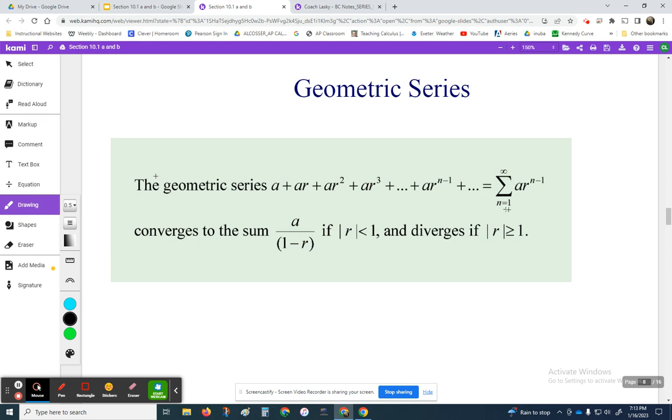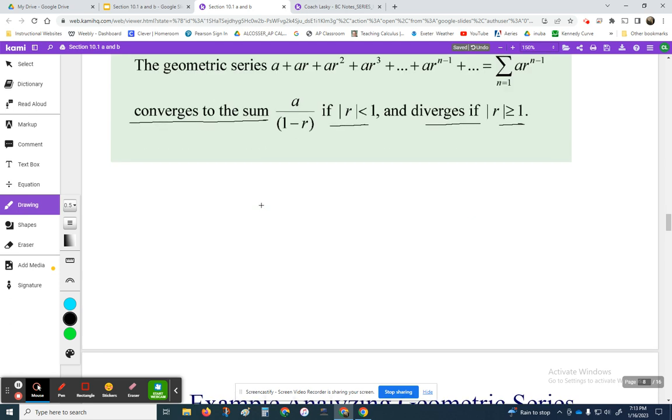We've got the summation, or the series, from n equals 1 to infinity of a times the ratio r to the n minus 1. And so it converges to this sum if r is less than 1, and it diverges if r is greater than 1. Okay? So let's look at this here. Let's tackle this.